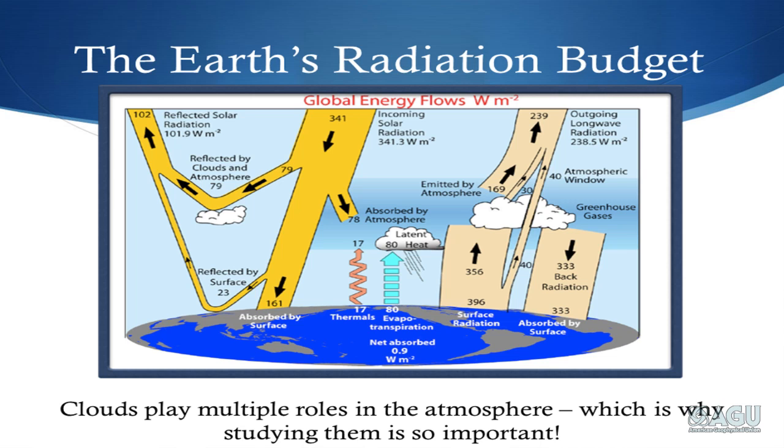And by radiative energy, or radiant energy, what we're talking about is starting with sunlight coming in, where that sunlight goes. Some of it gets reflected off of clouds, some is reflected off of the surface, some is absorbed at the surface. The warm Earth then creates its own energy.